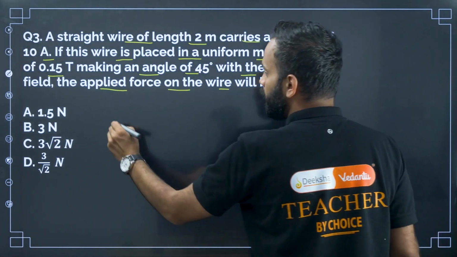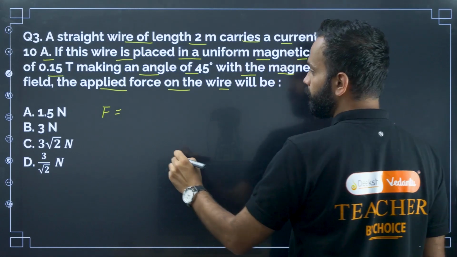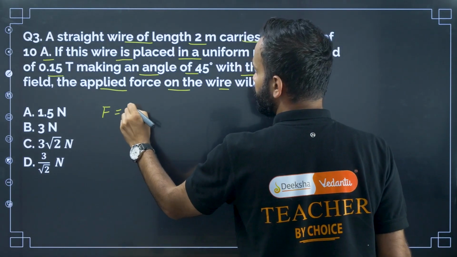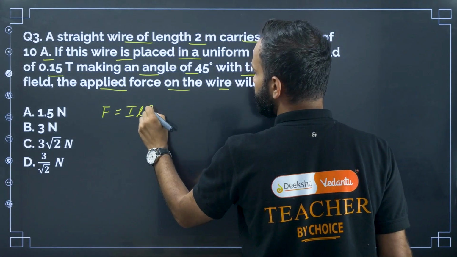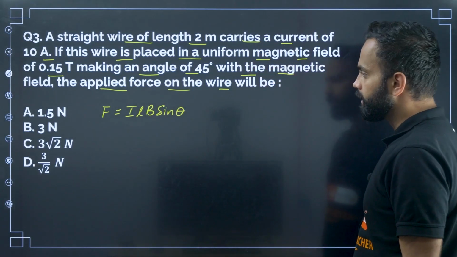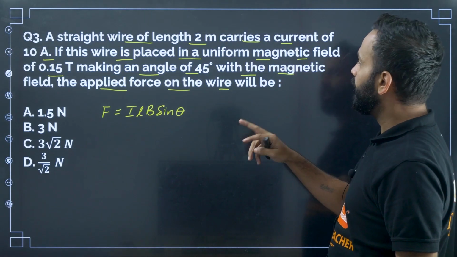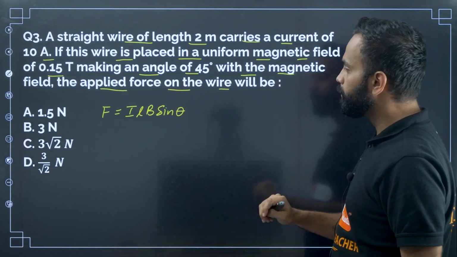The direct question. So force due to magnetic field on the current carrying wire will be F equal to I into L into B into sin theta. What is the value of I? 10 ampere. L is 2 meter. B is 0.15 Tesla.